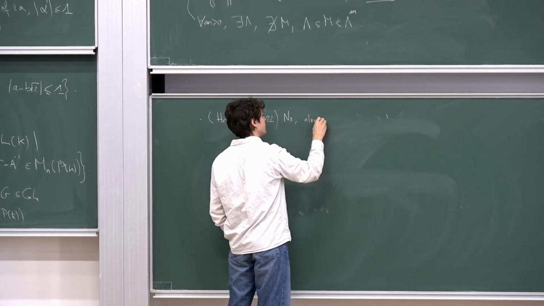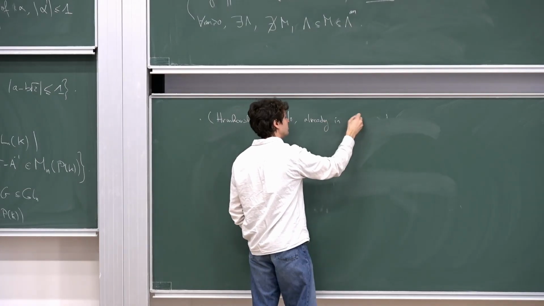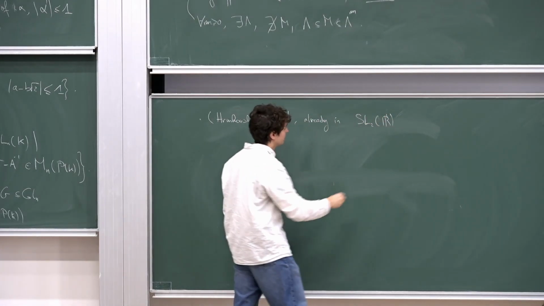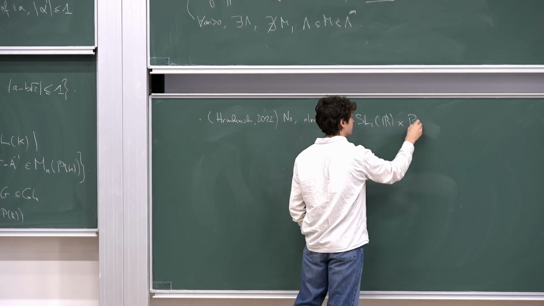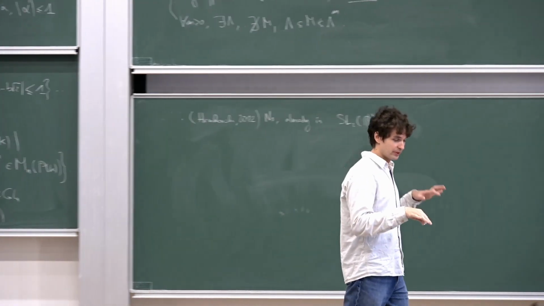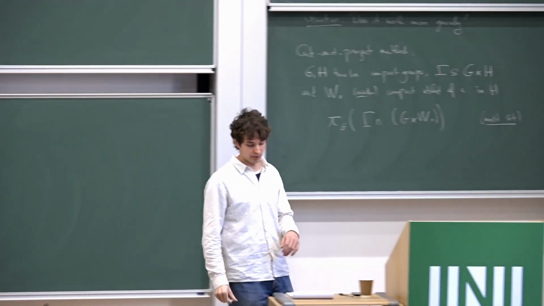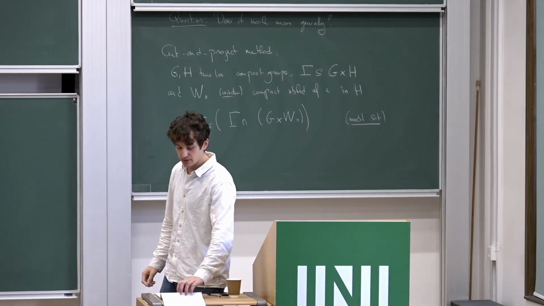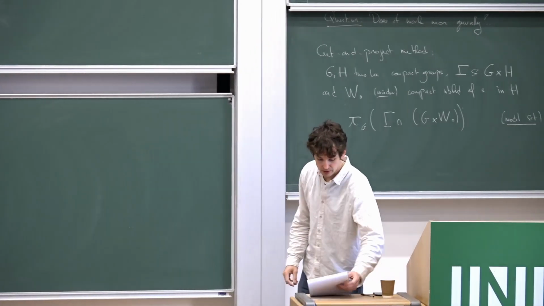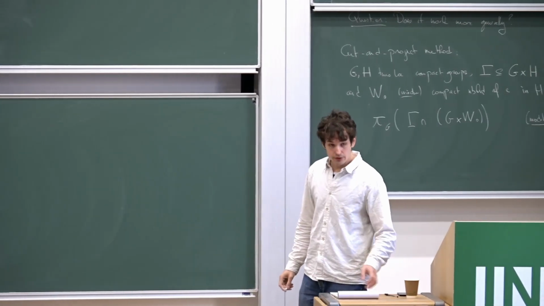Already in maybe the simplest example of a mixed group, SL2R times R. As soon as you have a bit of both, this is not going to work.